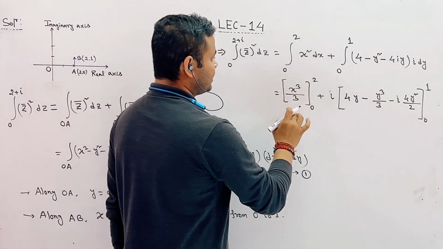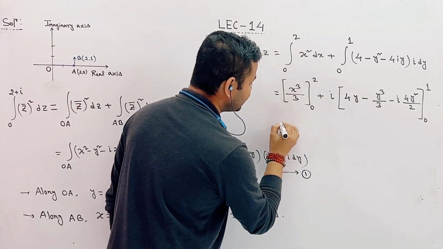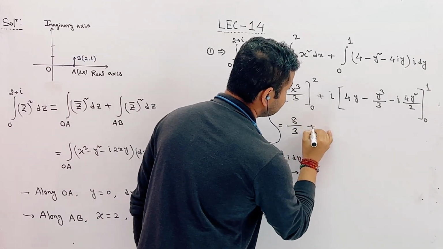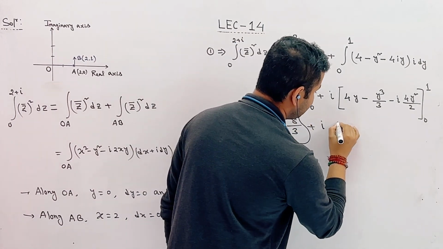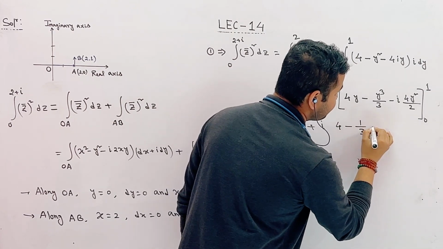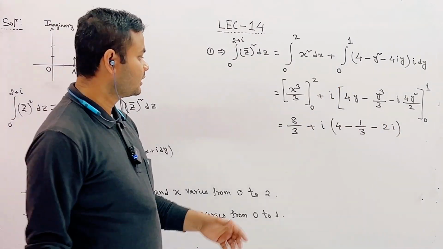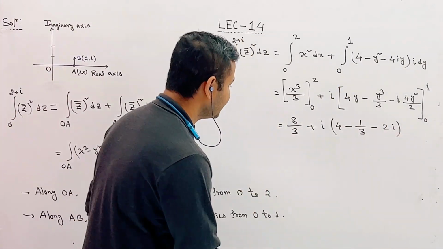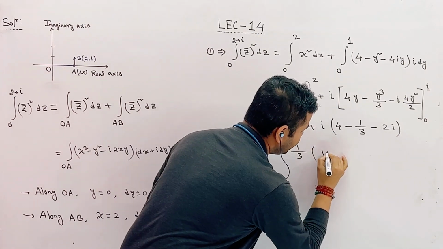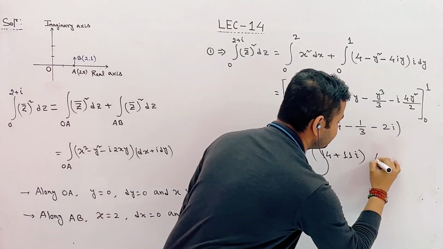After substituting the limits and simplifying, we will get 8 by 3 plus iota (4 minus 1 by 3 minus twice iota). So, after simplifying, we will get 1 by 3 into (14 plus 11 iota). Answer.